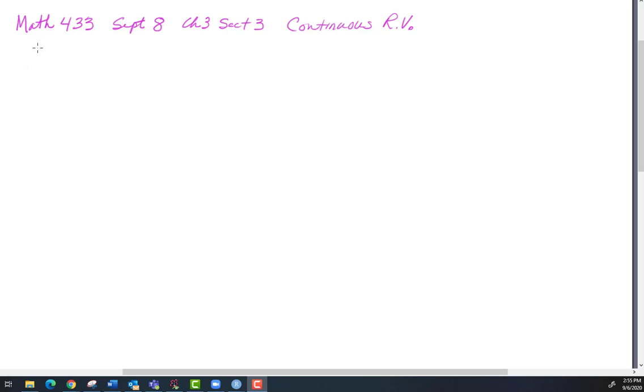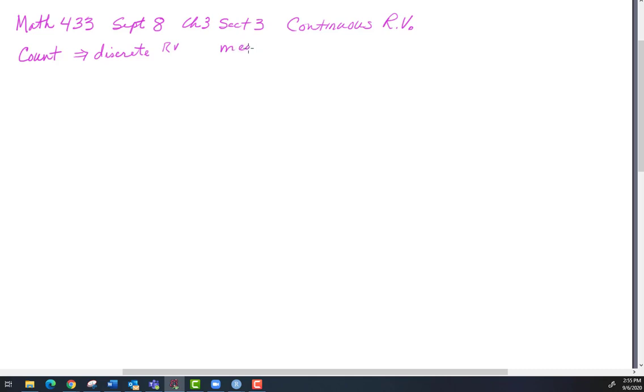Now, it's usually not difficult to tell the difference between a continuous and a discrete random variable. If we're counting the number of cars in the parking lot, counting the number of students enrolled in a class, if we're counting, that is almost always going to be a discrete random variable.